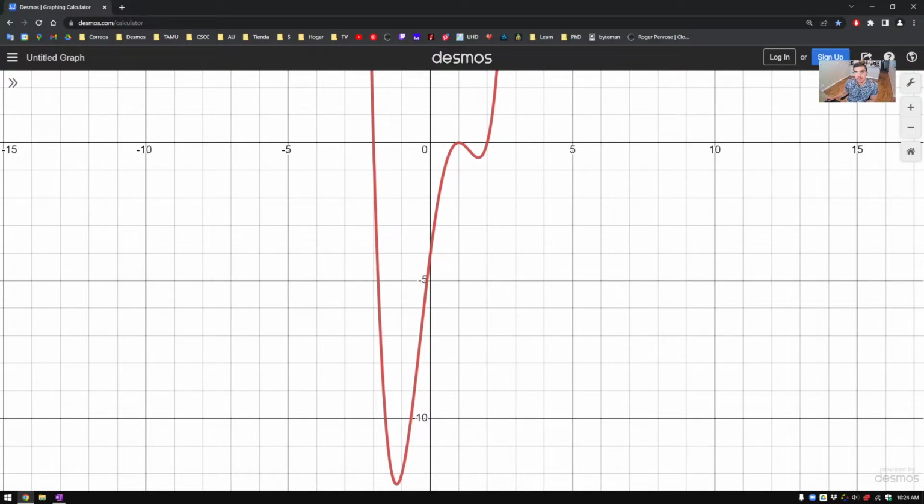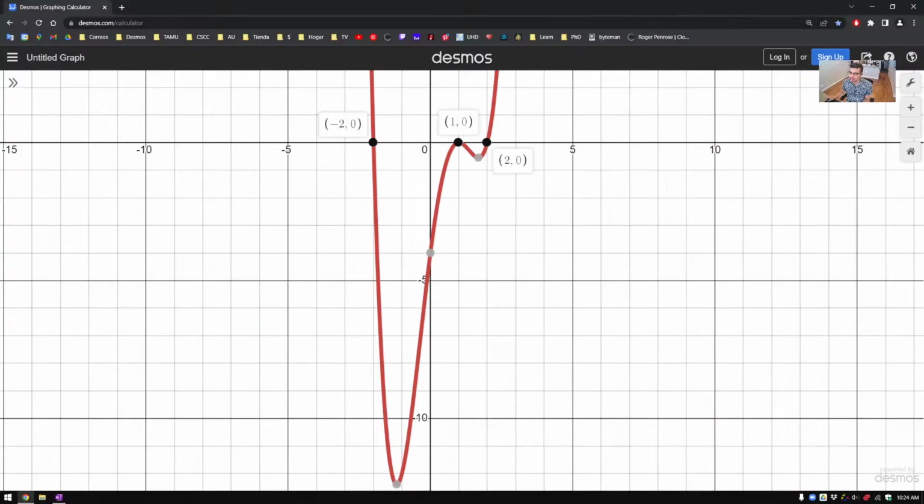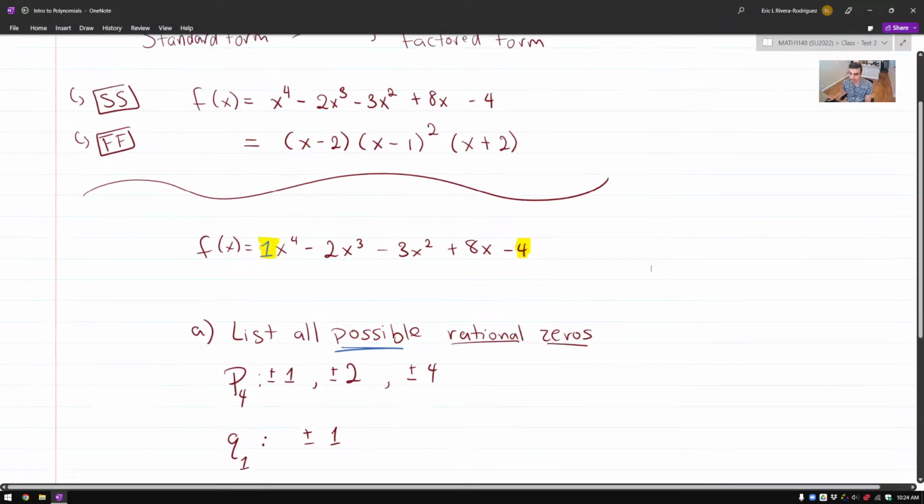Question: what is the meaning of the x-intercepts? It means that the y value is going to be equal to 0, right? So that is what we are looking for. Okay, so this is the shape, this is the graph.